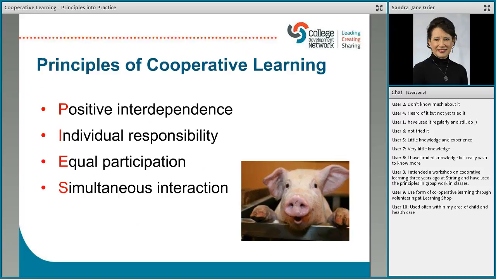So let's have a quick look at some of the principles that lie behind cooperative learning, commonly known as PIES, and you will see there are four: positive interdependence, individual responsibility, equal participation, and simultaneous interaction. And as with Curriculum for Excellence, we have common principles, and I would argue that they're very closely aligned to some of those principles of CFE.